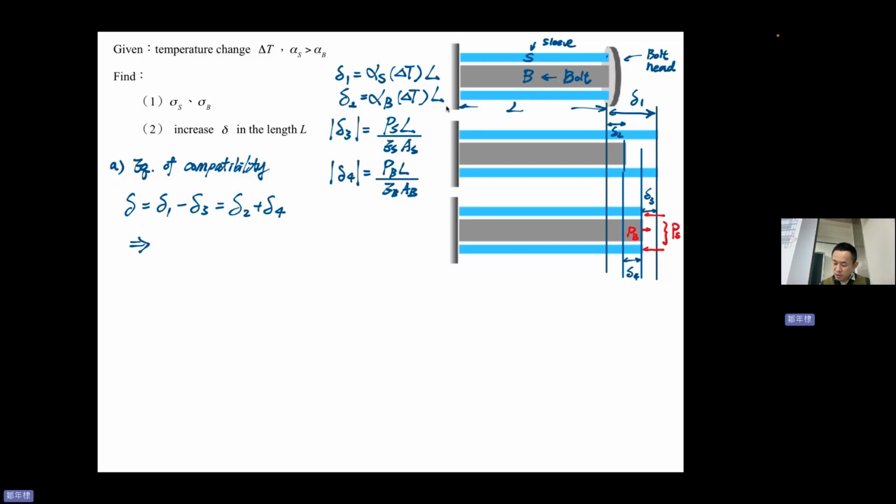Delta is the final delta, right? We'll just write down here. Delta equal to delta 1 minus delta 3, and delta equal to delta 2 plus delta 4, right?